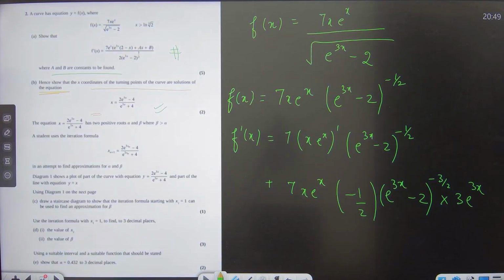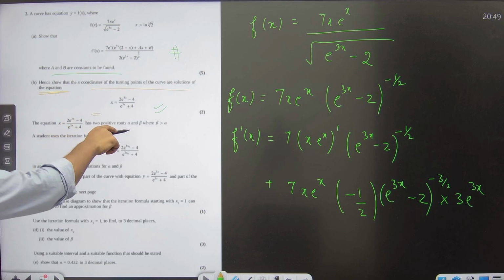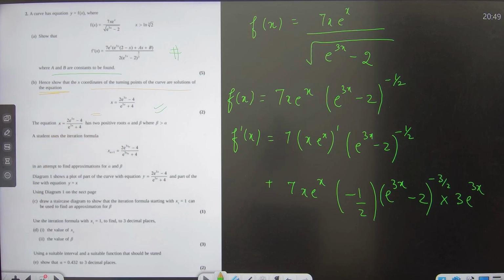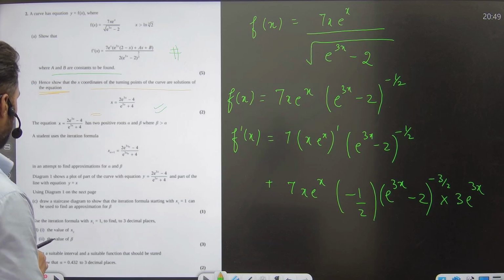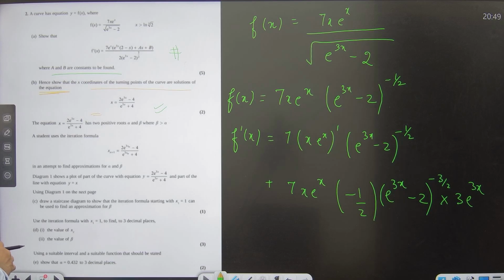In the question, the equation has two positive roots alpha and beta, where beta is greater than alpha. A student uses the iteration formula, y equals 2e^(3x) minus 4 over e^(3x) plus 4.